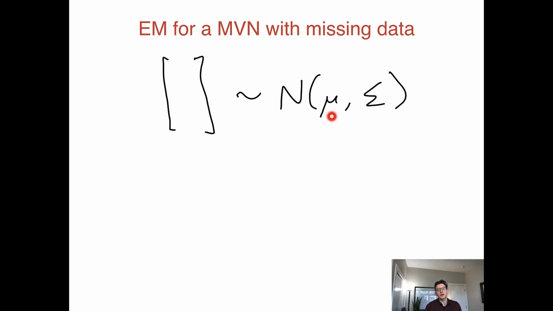So this is what we're going to try to learn using EM, this mean and covariance. But we imagine that we observe some of the values in this vector for each example, but we don't observe some other ones. So this could commonly be the case if you have a bunch of tests that were done on each patient.